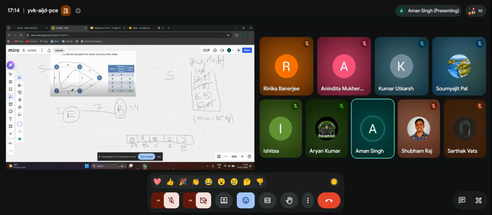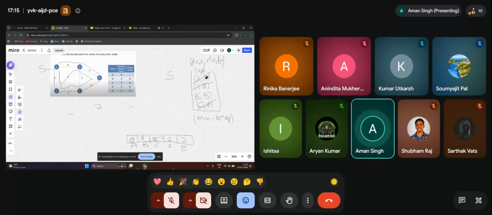So we have seen this, and now for C, its edge weight is 5. So we can reach C via this path, which will take 2 plus 5, that is 7. Int max is stored here. Okay, so we are reaching here at 7. So we will update it and push it into the priority queue.